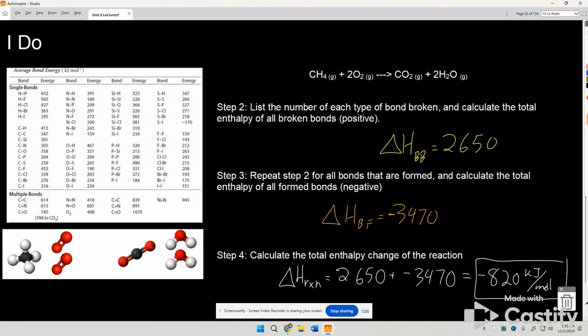That is my enthalpy of this reaction. So to burn 1 mole of the CH4, it would produce 820 kilojoules of heat, exothermic, right? Because it's negative on that enthalpy of reaction. So this is going based on those bond enthalpy values.